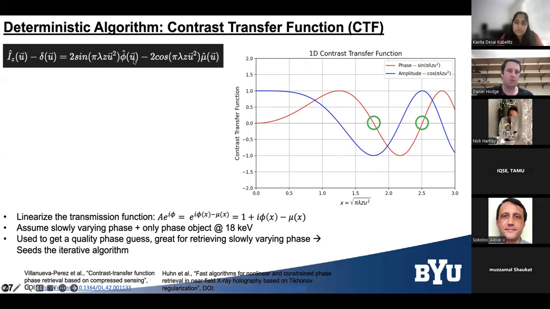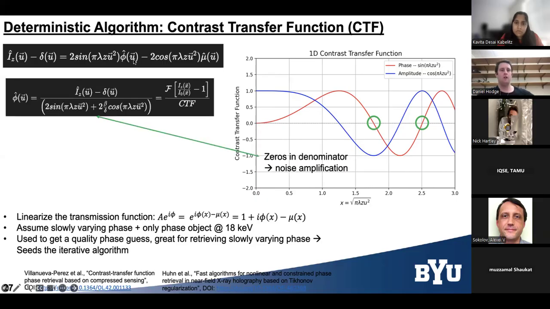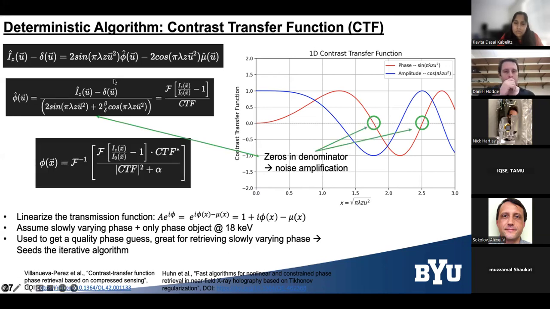And we can express this equation here. So we can get this contrast transfer function, which is basically this deterministic phase retrieval algorithm, which essentially is like you throw in your intensity pattern and it spits out a phase retrieval result. So it's not iterative. You just throw something in, it spits something out.